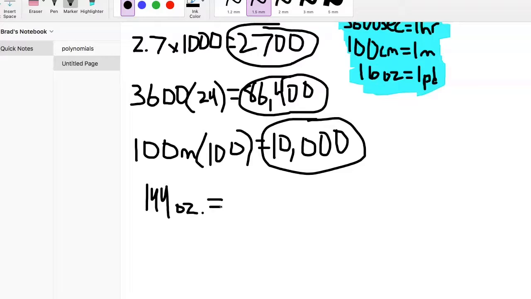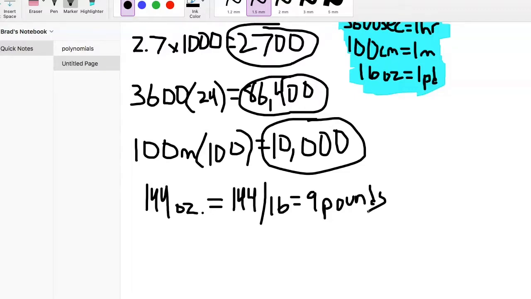So we know that 16 ounces equals 1 pound, right? So we take our 144, we just divide it by 16. Okay, and that ends up equaling exactly 9. So your answer is going to be 9 pounds, 0 ounces. 9 pounds even. Okay, and so that's how you go about doing that.